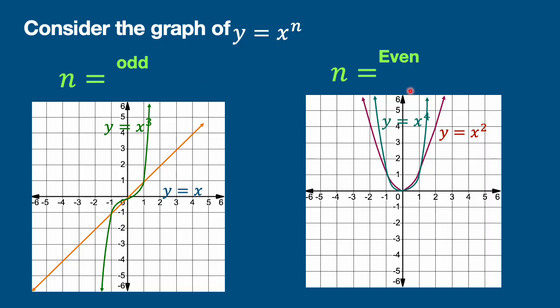Can you differentiate odd power from even power? When the power is odd, the right side goes up and the left side goes down. When the power is even, both sides go up. That's the difference between the two kinds of polynomial functions.